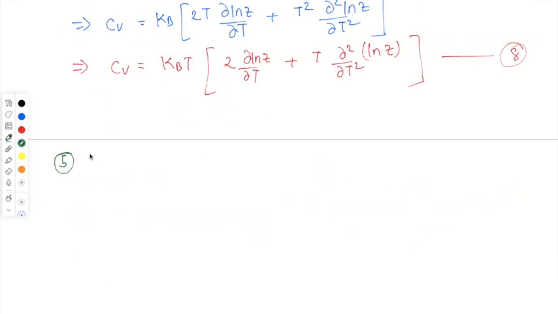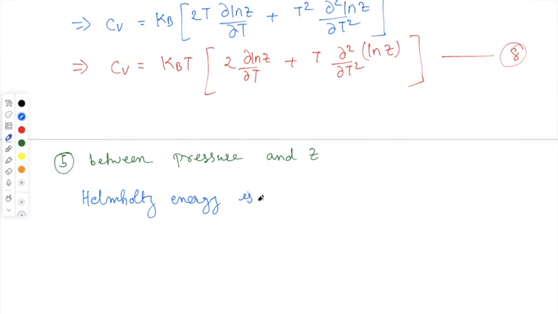The next relation is between pressure and Z. We know that the Helmholtz energy is given as F equals U minus TS.